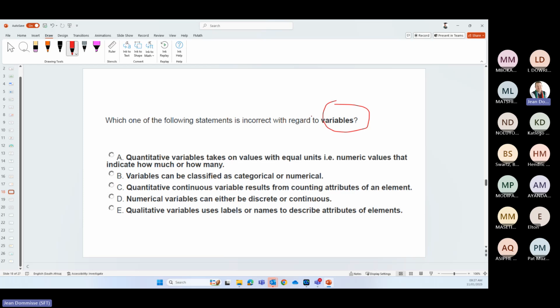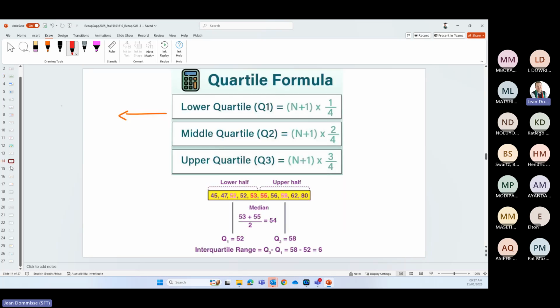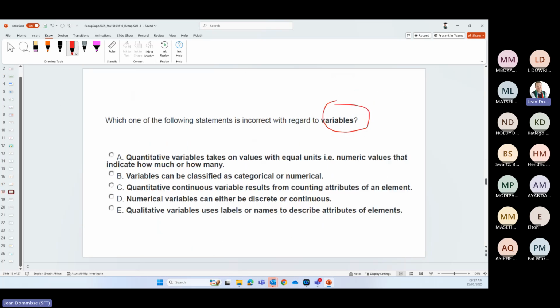Sometimes, and I just want to go back to the diagram, they ask it pure and clean, giving you options and asking which one is quantitative and which is qualitative. So sometimes it's very clean where they say quantitative discrete, quantitative continuous, but sometimes they will mix and match.